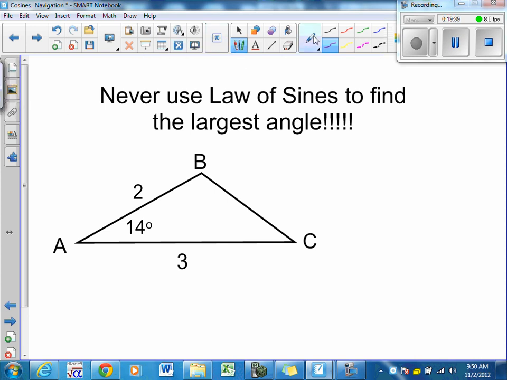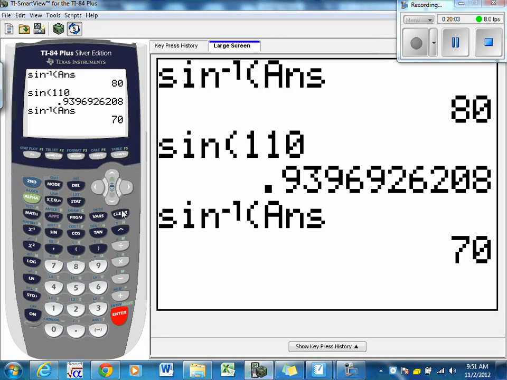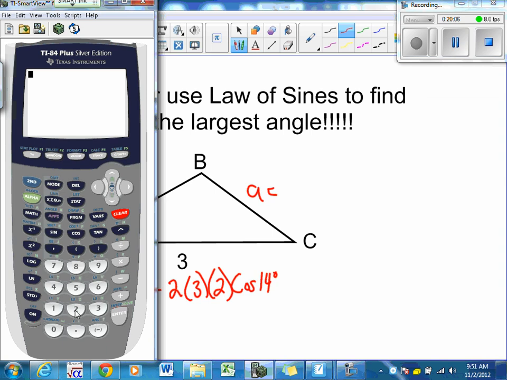So, when you do a problem such as this one, and I want to find A, we say, well, A squared is 2 squared plus 3 squared minus 2 times 2 times 3 times cosine of 14, and we put that in our calculator. 2 squared plus 3 squared minus 2 times 2 times 3 times cosine of 14.